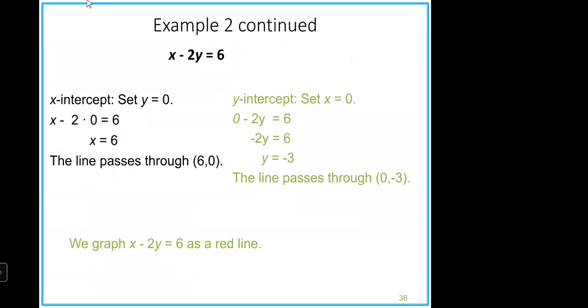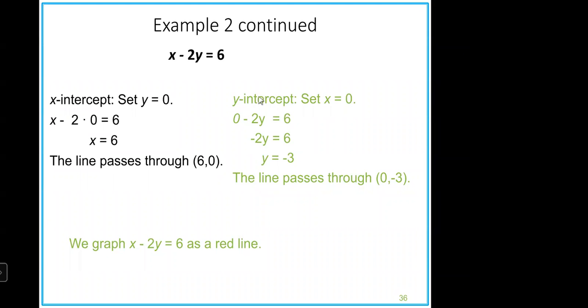Now for the next equation, it was x minus 2y equals 6. Again, the quickest way to plot this line is to use the intercepts. For the x-intercept, you can let y equal 0. So if y equals 0, x minus 2 times 0 is 6, so x equals 6.